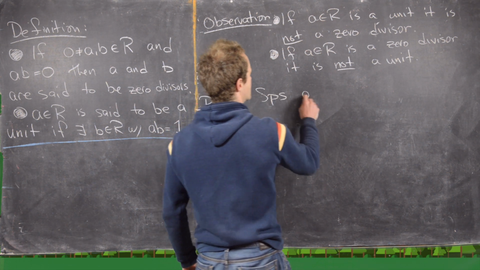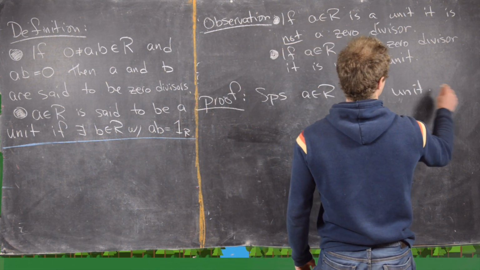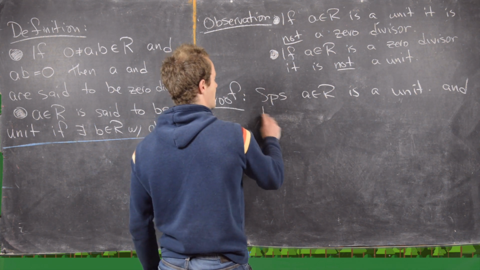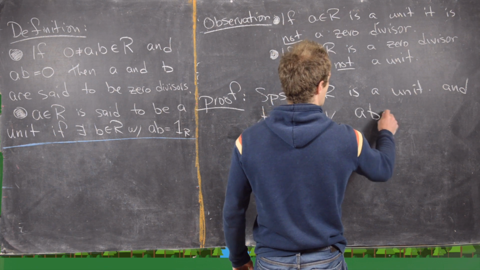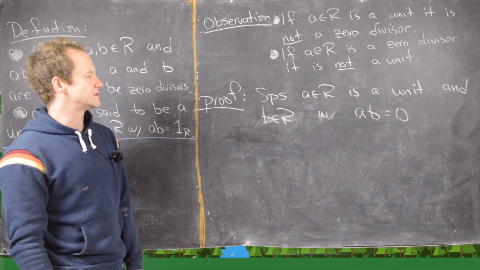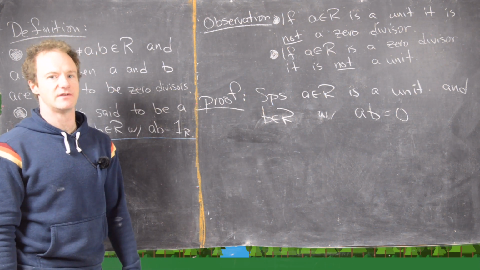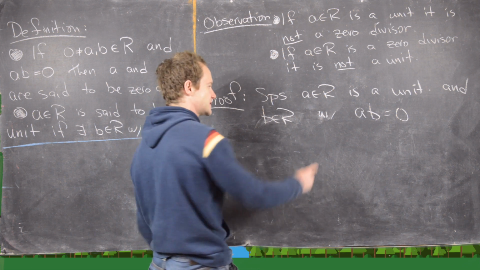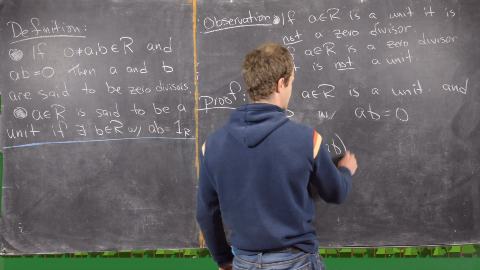So let's suppose that A in R is a unit, and that B is in R with A times B equals 0. Okay, good. So now what we'll do is, since A is a unit, it has a multiplicative inverse, so we'll call that A inverse. And what we'll do is we'll multiply both sides of this equation by A inverse.